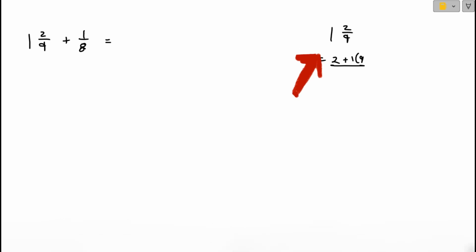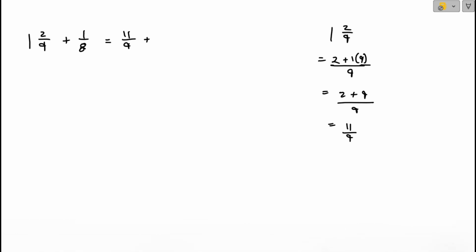This whole number times the value of the denominator 9. So we have 2 plus 1 times 9, which is 9. 2 plus 9 will give us 11 over 9. Okay, cool. So this mixed number we converted to its improper fraction, which is 11 over 9.